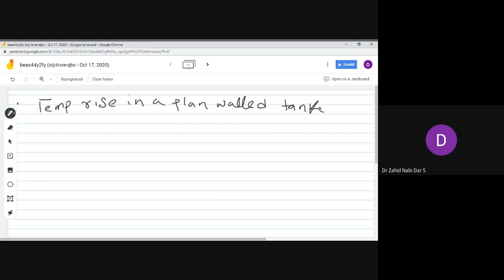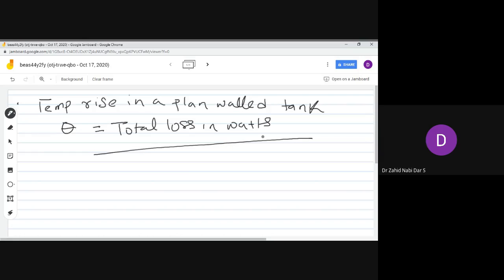For a plain wall tank, we saw the temperature rise theta was equal to the total loss in watts divided by the total surface area, that was 12.5 St. So this is the formula for the temperature rise of the transformer.